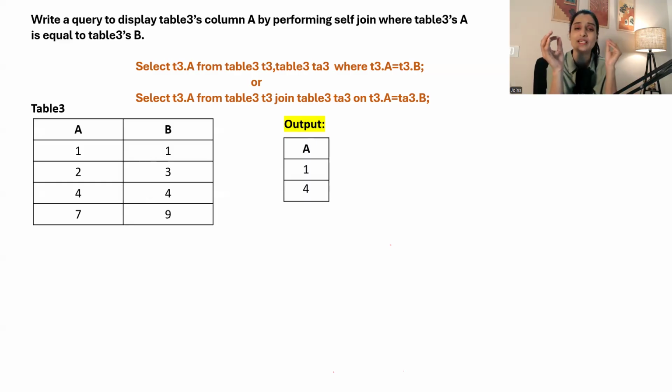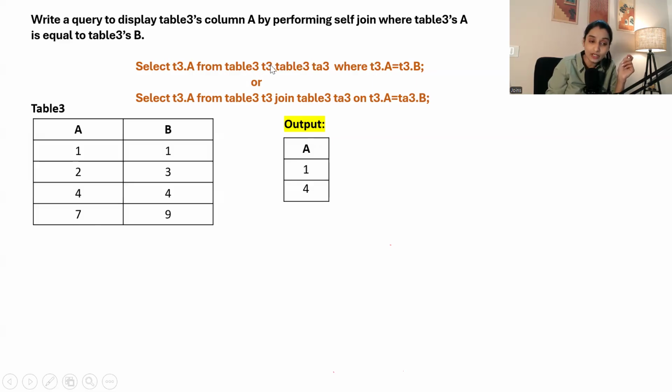So self join is basically not a different type of join. Whenever you are performing a right join, left join, equi join, inner join or cross join on one single table, that's what we call a self join. You can check over here, I have performed a join on table 3. Which type of join is it? Equi join only. If you check carefully, this is the syntax of equi join, right?